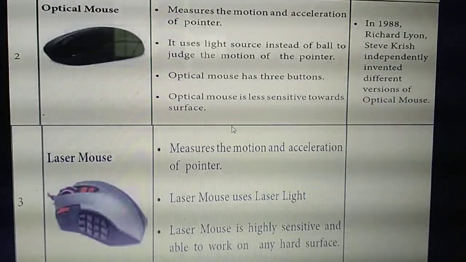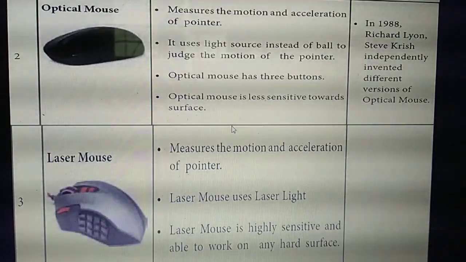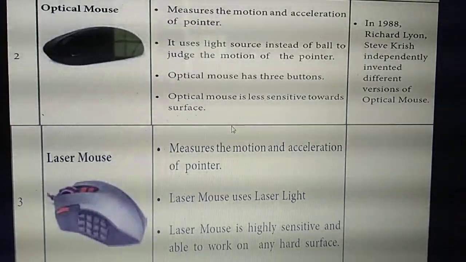Second point, it uses light source instead of ball to judge the motion of the pointer. Third point, optical mouse has 3 buttons. Fourth point, optical mouse is less sensitive to its surface. Completed optical mouse.